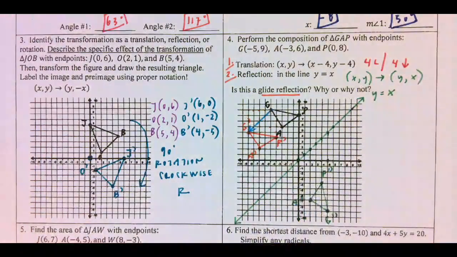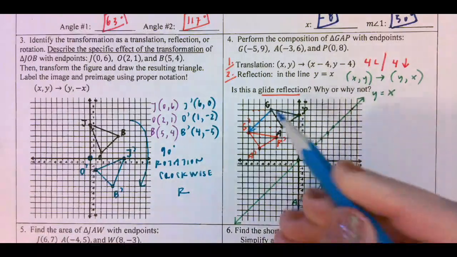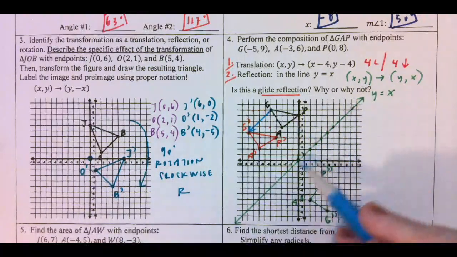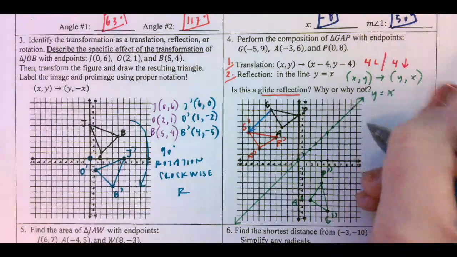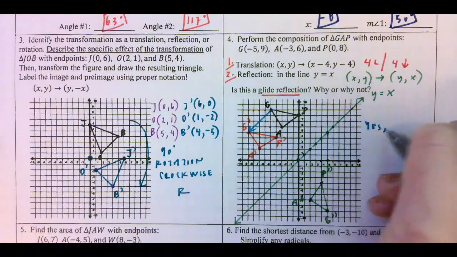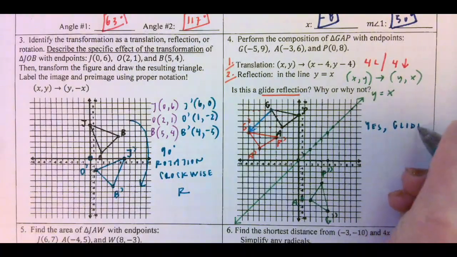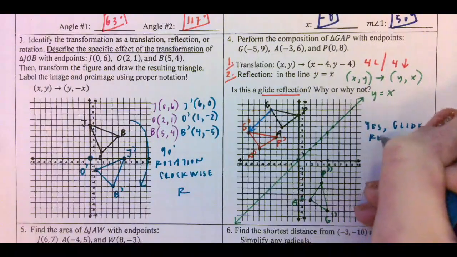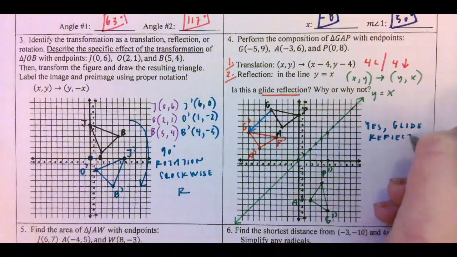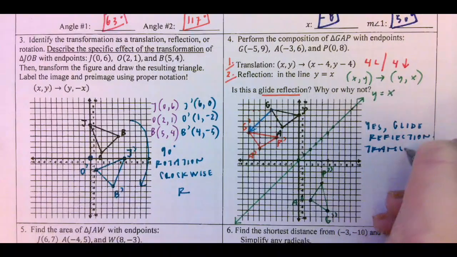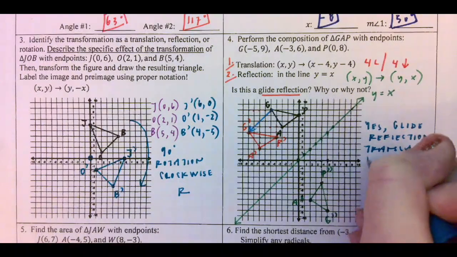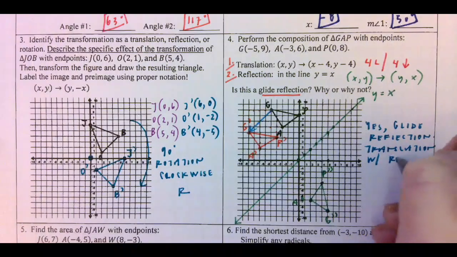Right, that does run parallel. There's the same slope for that pathway as we're seeing right here. So they do run parallel. So we would say, yes, this is a glide reflection. Right, it's a translation with a reflection.